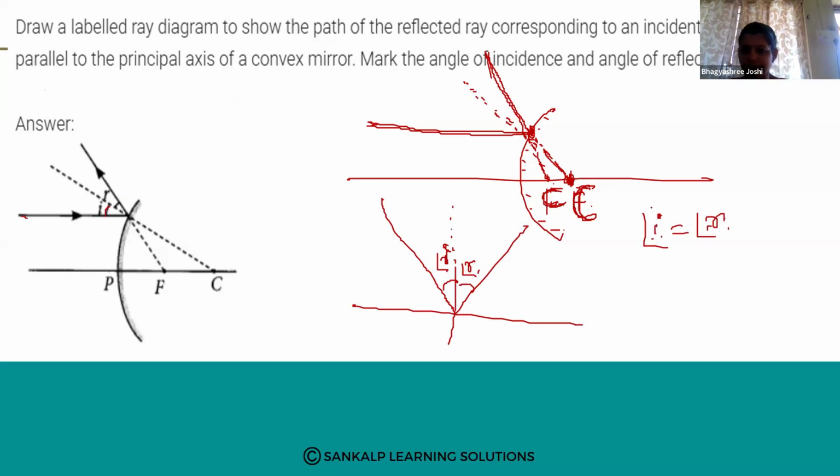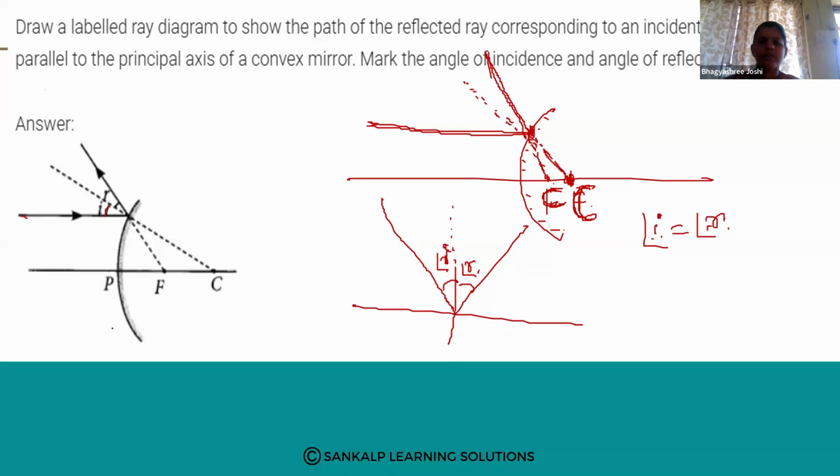That is the law of reflection. Okay. So these two angles are equal. Angle of incidence is equal to angle of reflection, and incident ray, reflected ray, and the normal appear on the same plane, right?